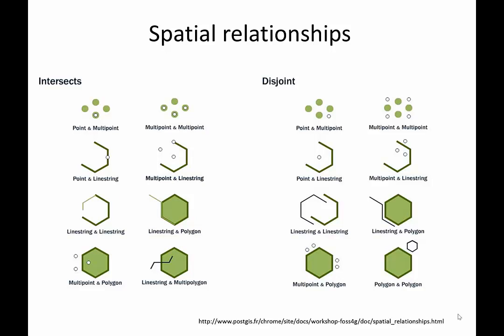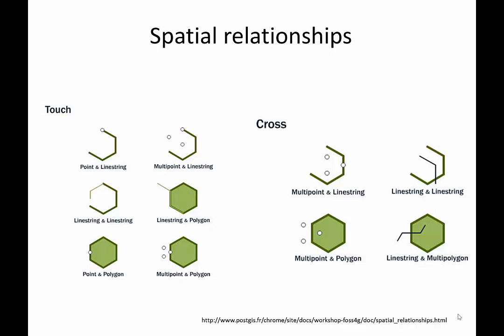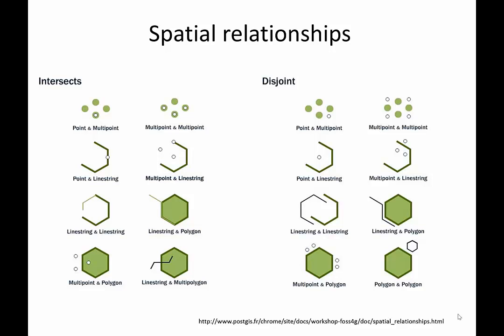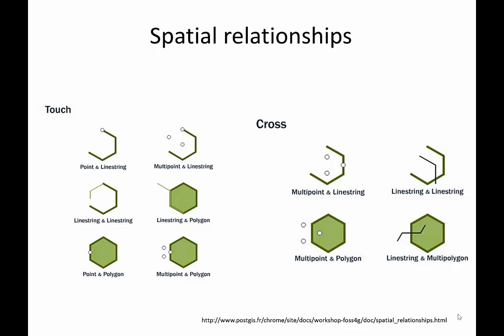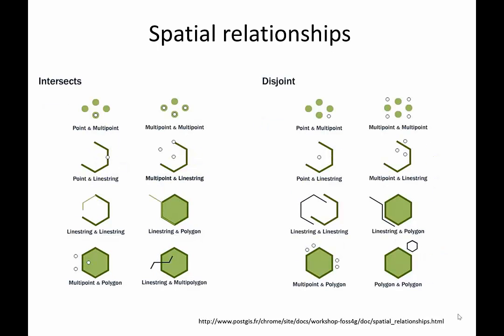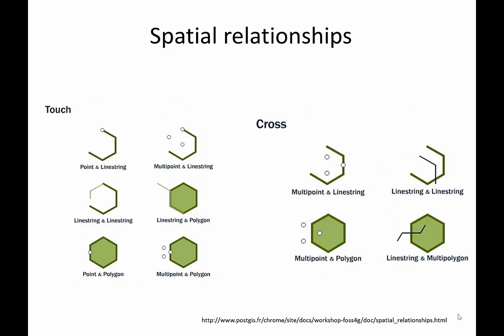All right, intersect, let's have a look at that. Yeah, well, they may be exactly the same result for some geometry types. I'm just having a look there. So an intersect, as I say, I would have to look up the definitions of each one exactly. So intersects must at least share one point. That would be intersect if I remember correctly. Crosses, I suspect, requires both an internal and an edge point.